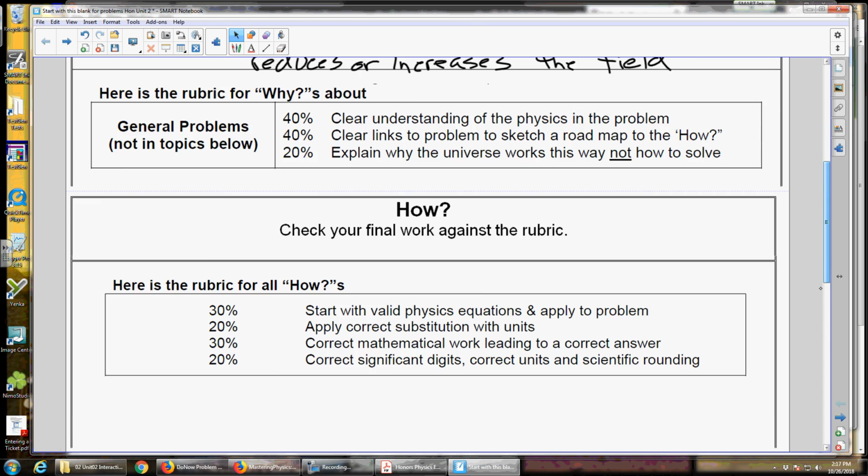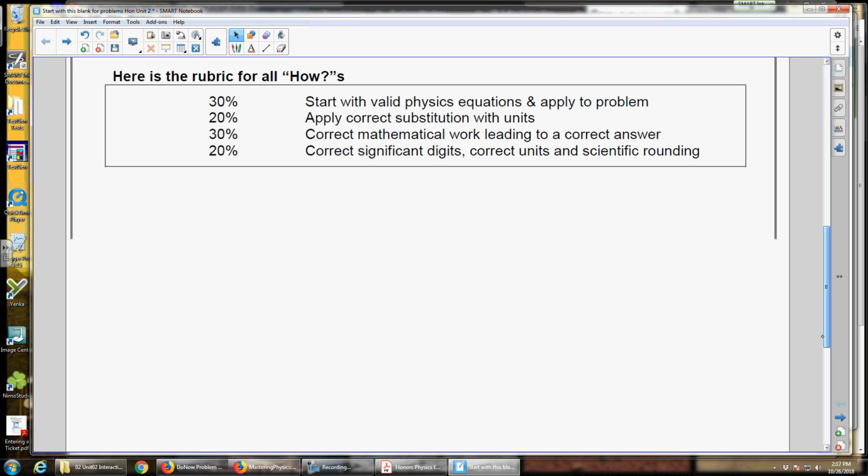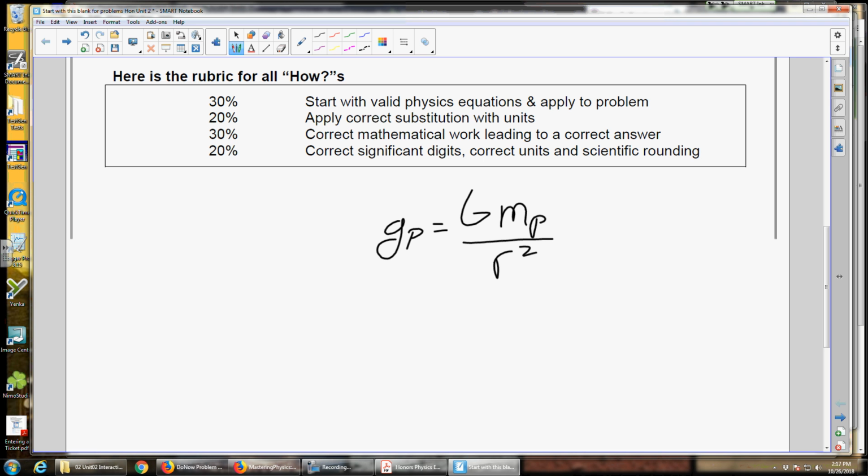So let's get down here to our how. And I'm going to use that the gravitational field strength is the universal gravitational constant, how the universe interacts with gravitational influences, times the mass of the thing creating it, in this case the Earth, over how far I am from the Earth squared.